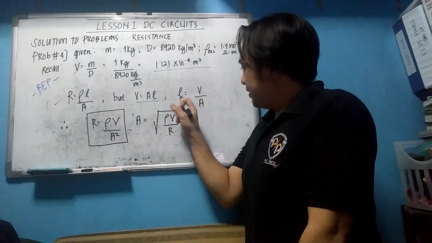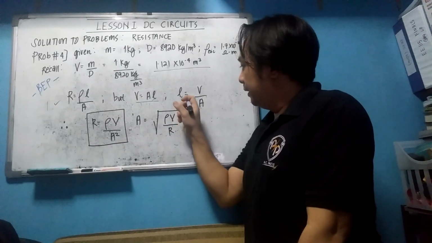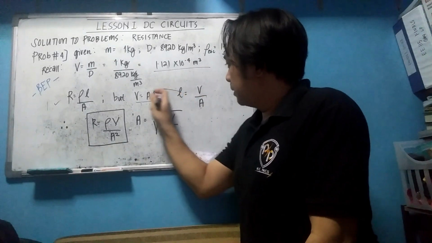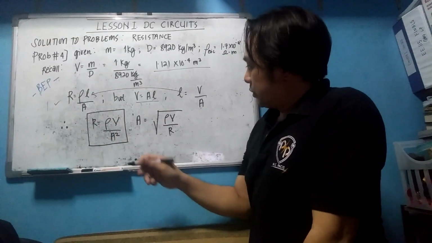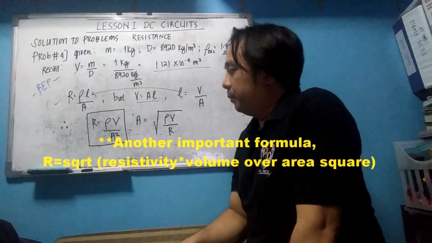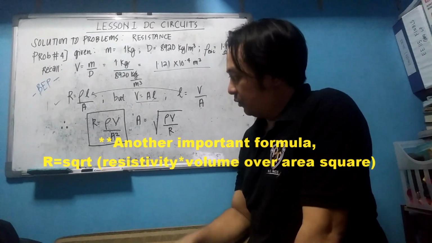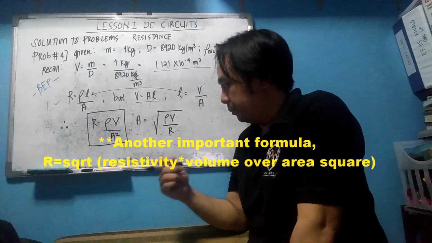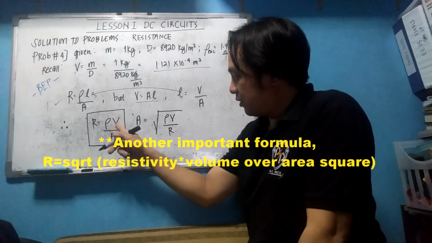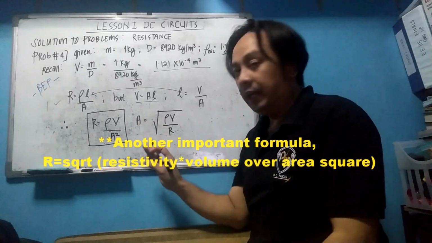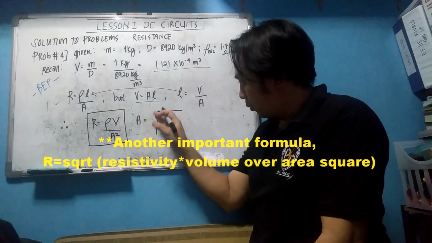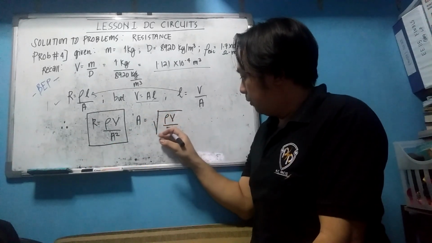So the length is V over A, and then we substitute the length there. Another formula of resistance in terms of volume and area is resistivity times volume all over area squared. Now we can get the area, which is the square root of resistivity times volume all over R.